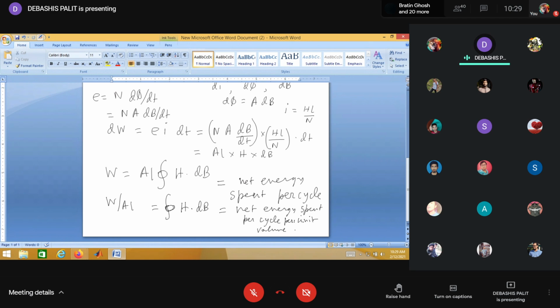So the unit is joule per meter cube per cycle per second. Actually, this is the unit of the wastage of power, that is joule per second, that is in terms of watt.